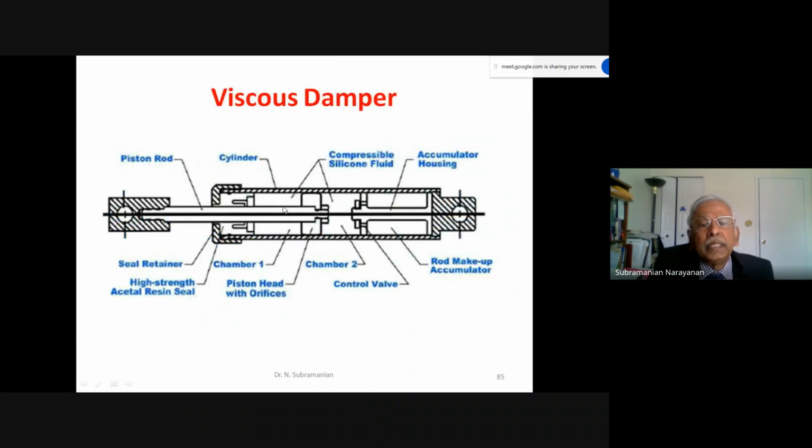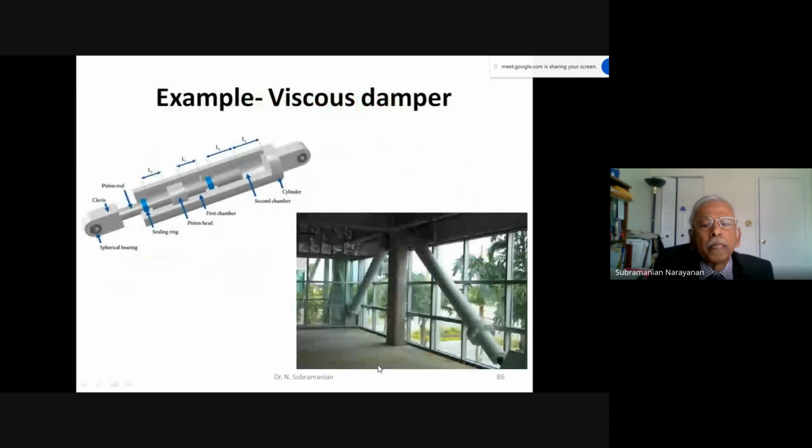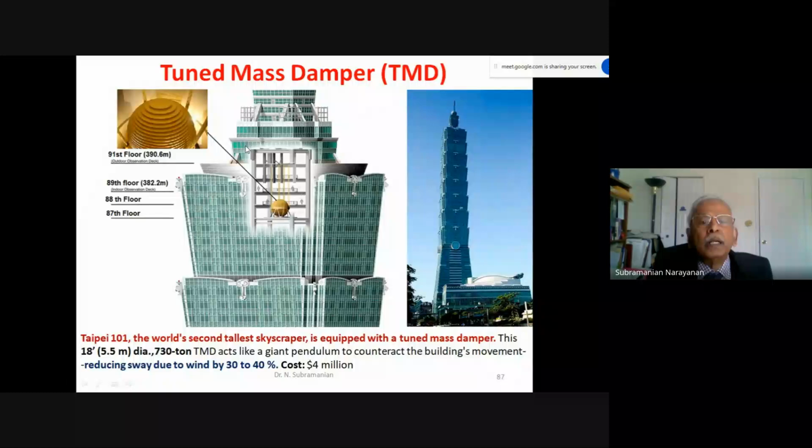So this shows the details of the viscous damper, and an example of a viscous damper used in a building. It will be in the form of a diagonal bracing. And this is an example of the tuned mass damper placed in the Taipei 101 building, the world's second tallest skyscraper.